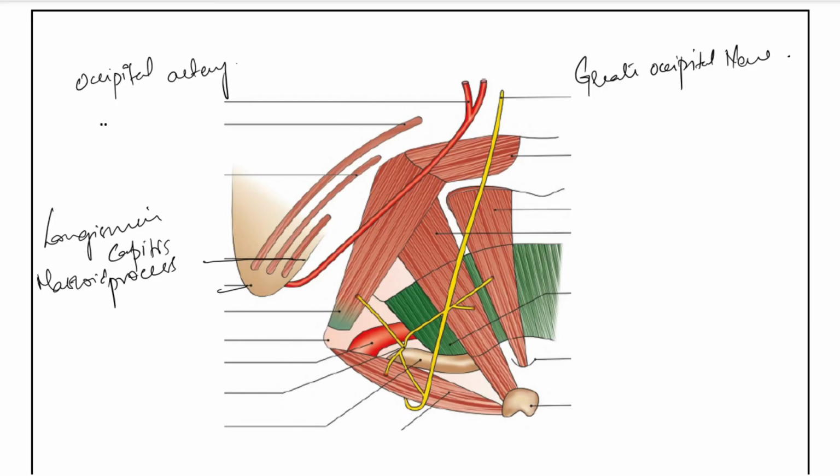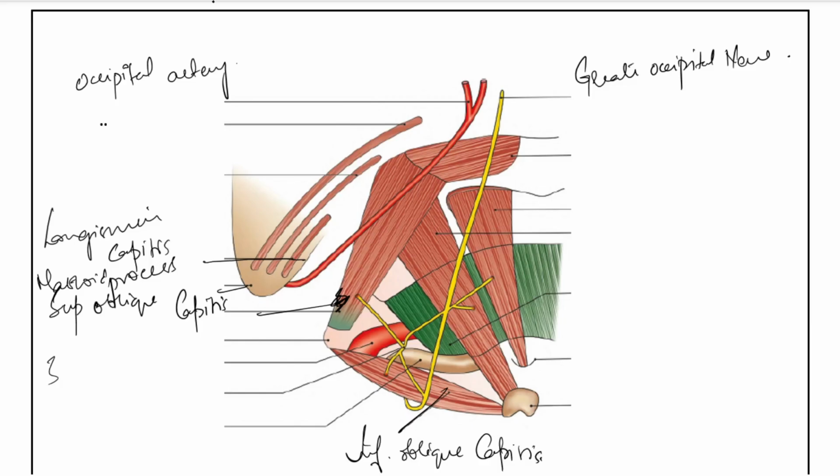Then this is the superior oblique capitis. The one down here is the inferior oblique capitis. This is the third part of the vertebral artery. And this is the posterior arch of atlas.